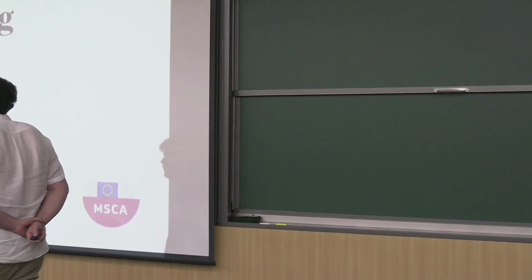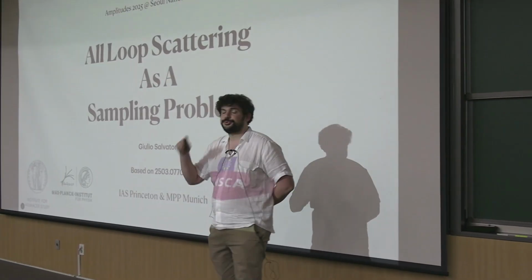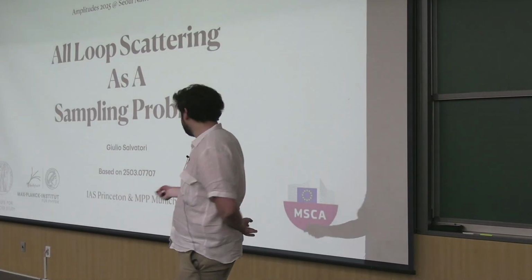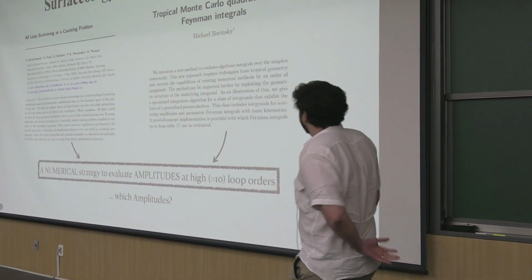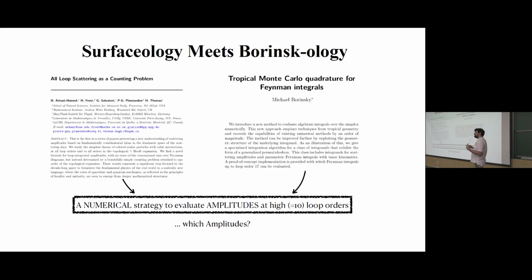Thank you to the organizer for giving me the opportunity to present some recent work of mine, which is about putting together two recent developments in scattering amplitudes. One is surfaceology, which is a novel formalism to compute scattering amplitudes without necessarily breaking them up into Feynman diagrams, but instead representing them as a single global integral that computes the entire amplitude.